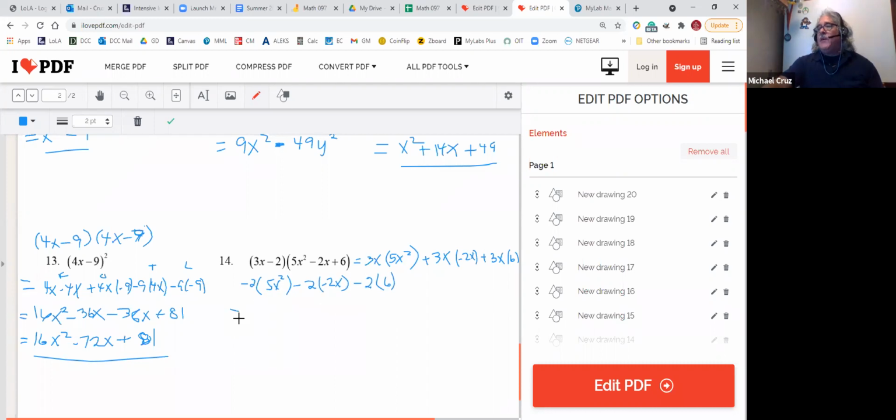So 3 times 5 is 15x cubed. 3 times -2 is -6x. And then this is positive 18x.